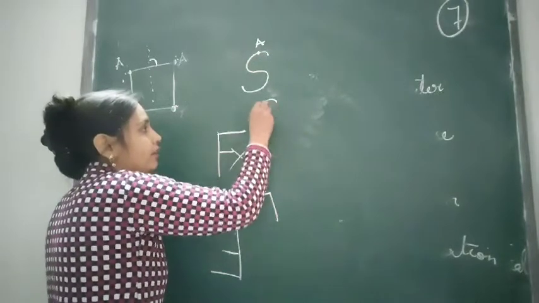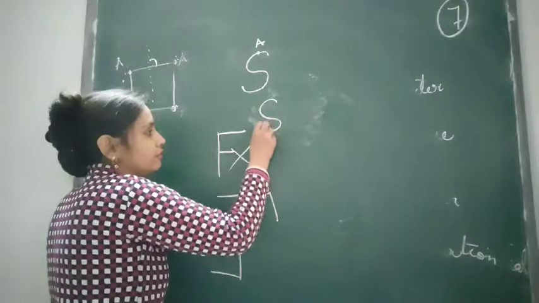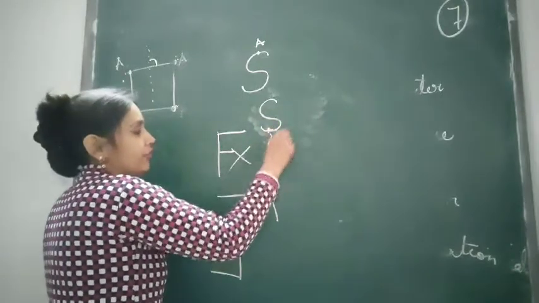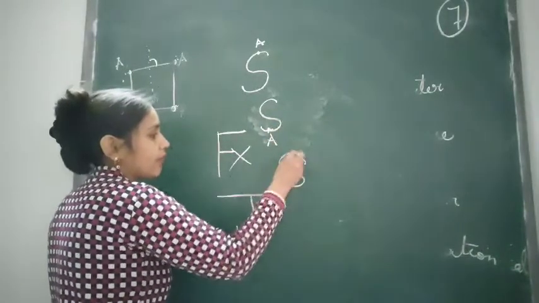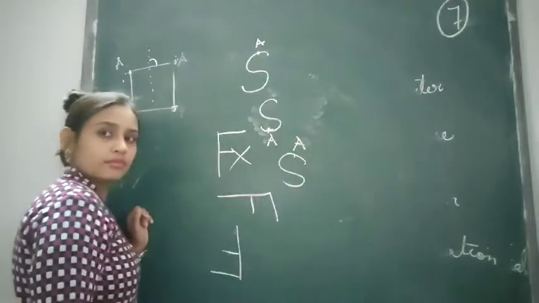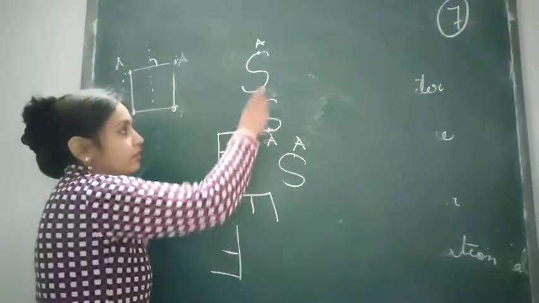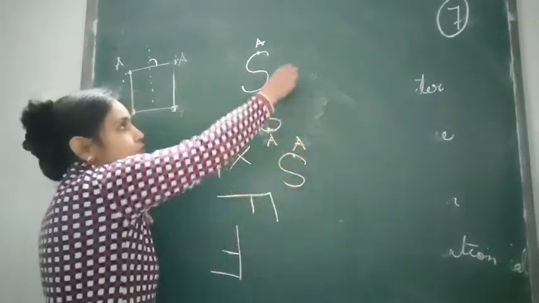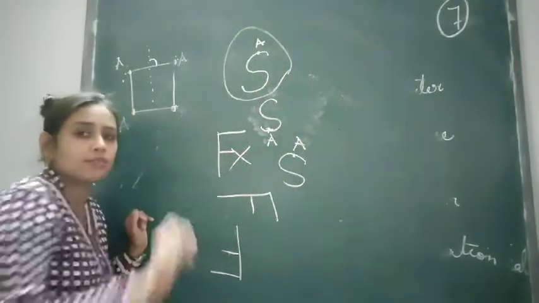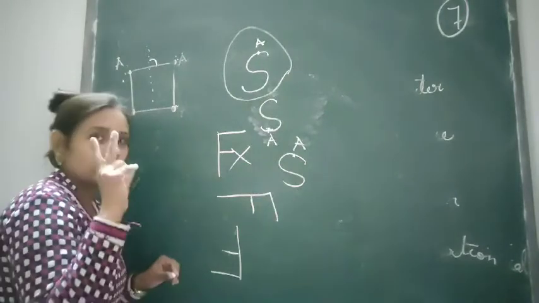Then if we rotate it, point A will go here. We rotate it back, point A will go back. So what is the order of rotational symmetry here? 1, 2. So this figure follows rotational symmetry of order 2.